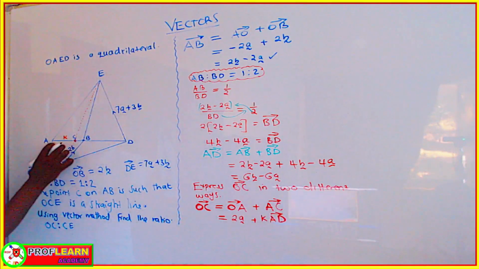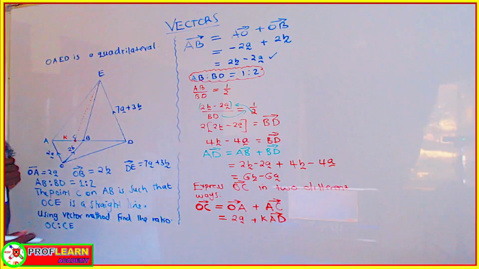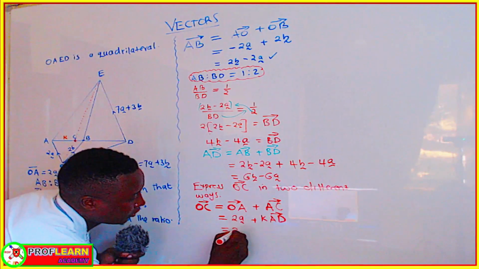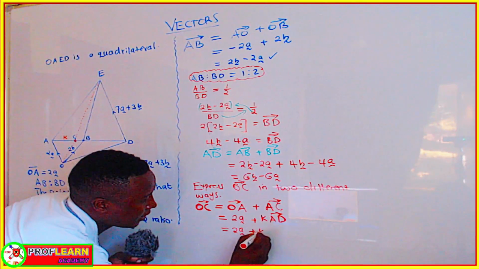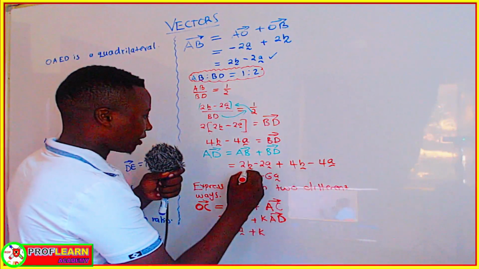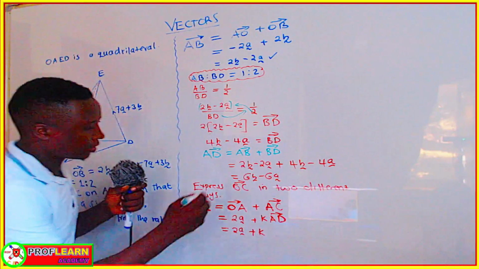So we are going to find this K using the vector method. And we can say this is vector 2A plus K, but AD we had gotten it. It's actually this part that we have at this point.